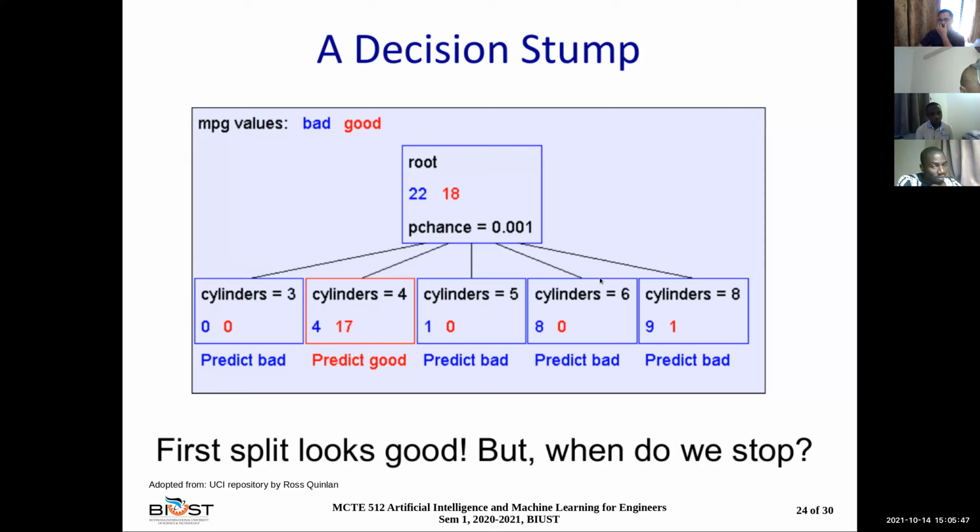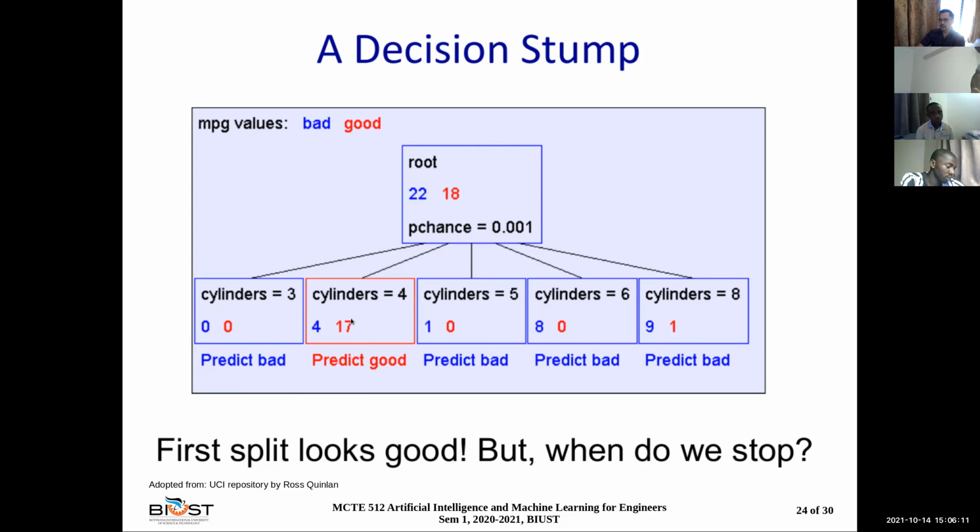In this case, this part here, you don't need to split because this is already determined. When you compute the information gain here, that is 0. This is also no need because it's already determined. This is also no need. So you only do this and that one.